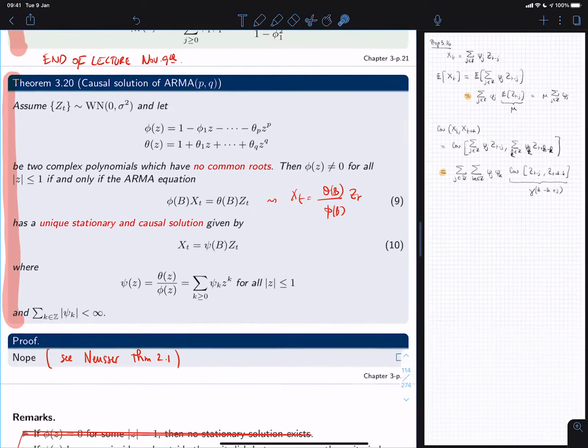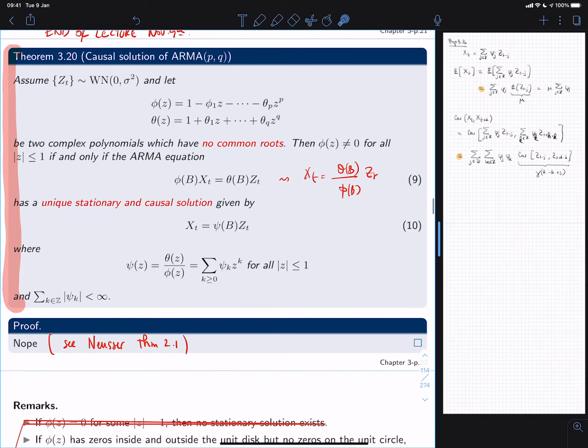Okay. And now let's move a bit faster. So a very important theorem in the theory of ARMA processes is the following. The proof is not easy, but it's quite easy to see when such an equation here has a unique stationary and causal solution. And the condition is very easy.